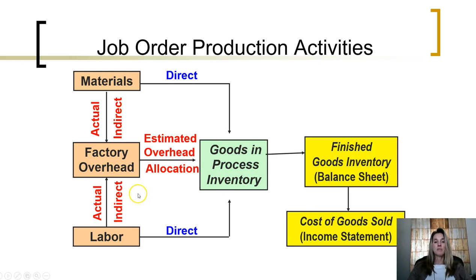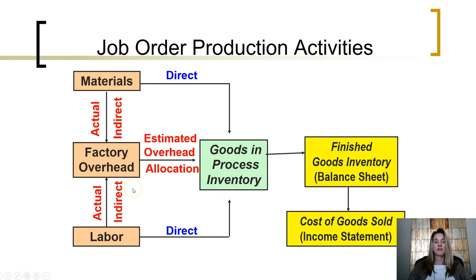In the meantime, we have to keep track of the actual indirect costs as they are incurred. So like we had seen, actual indirect material costs are being recorded in factory overhead. Actual indirect labor costs are being recorded in factory overhead.